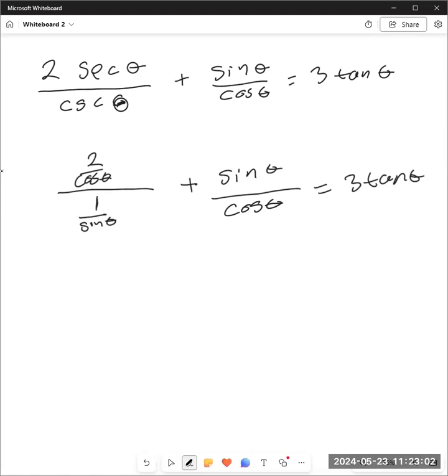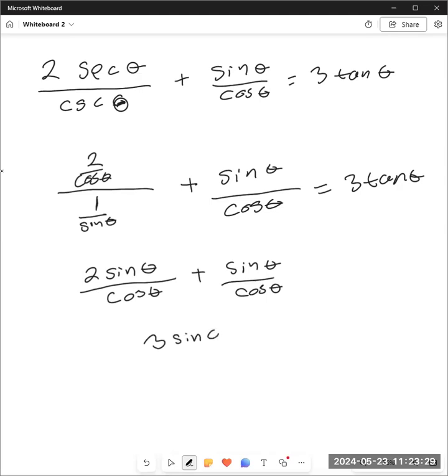So now we want to simplify here, and this is going to be 2 sine theta in the numerator. That's going to be your box that you're going to fill in. They're going to give you the cosine theta down here, plus the sine theta over the cosine theta here is going to turn into 3 sine.